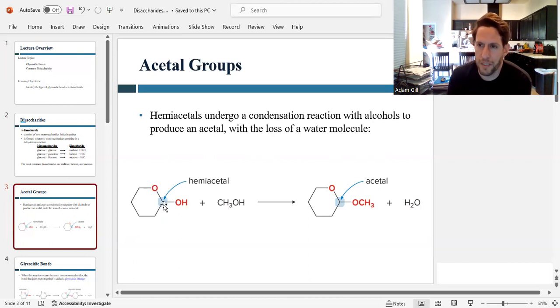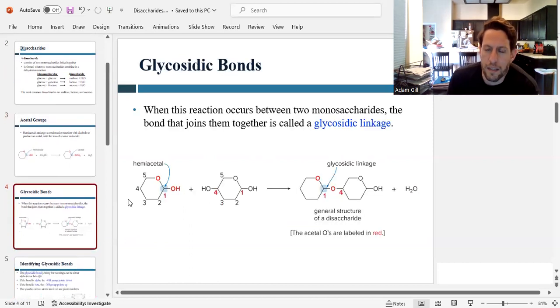So previously we looked at how sugars can form a ring as a cyclic hemiacetal. And now we're going to look at how the hemiacetal reacts with another alcohol to form the acetal. This can happen between sugars where the OH group of one sugar reacts with the hemiacetal of another sugar, and this creates the full acetal functional group.